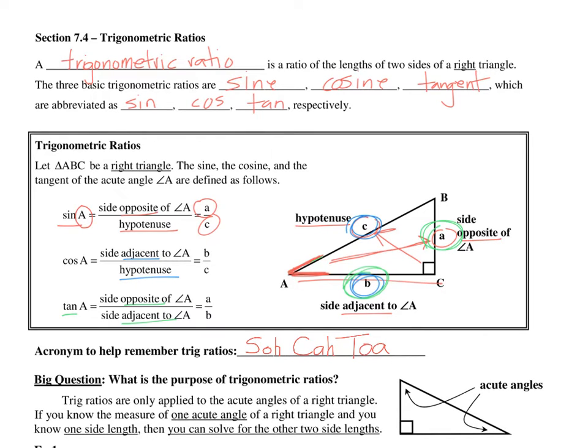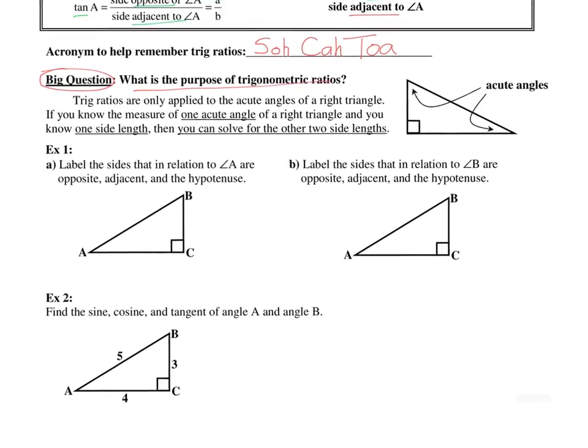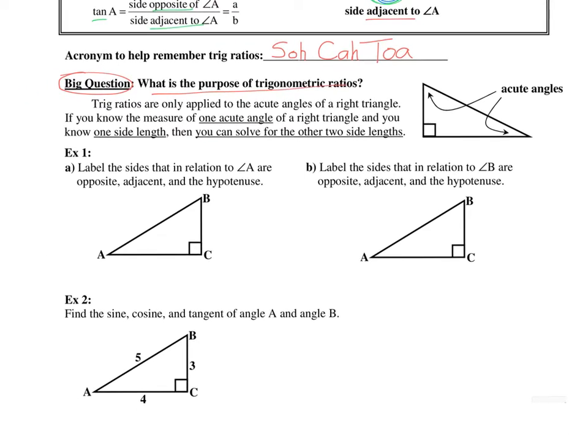All right. The big question I'm always asked is, what is the purpose of trig ratios? All right, here's a little explanation below. Trig ratios are only applied to the acute angles of a right triangle. So I've seen students apply a trig function to the right angle, and they're getting the wrong answer.